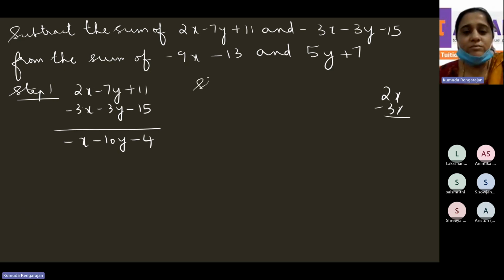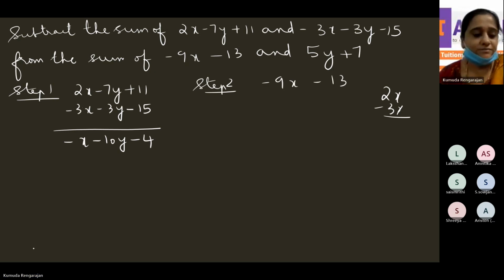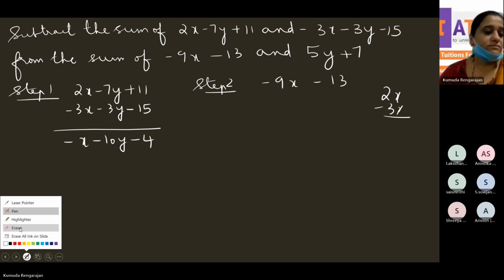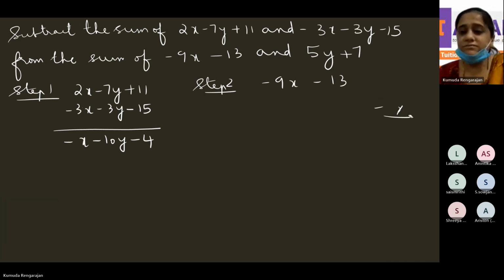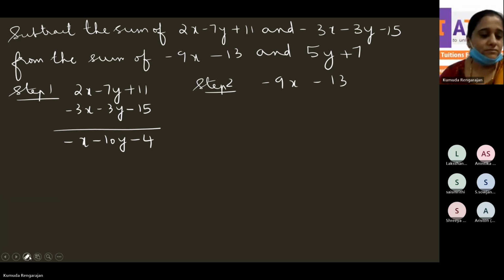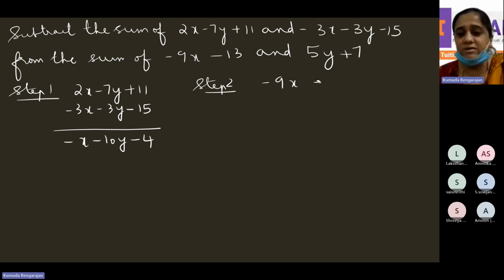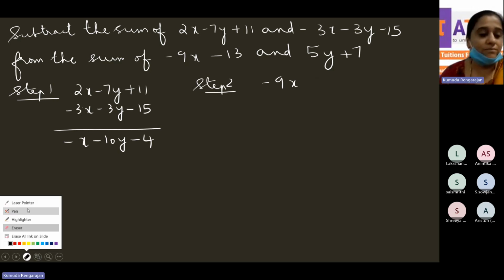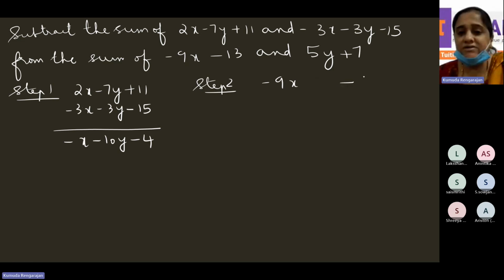Now what is step 2? Step 2, minus 9x minus 13 and 5y plus 7. You understand?